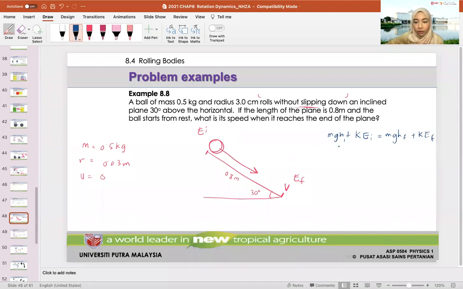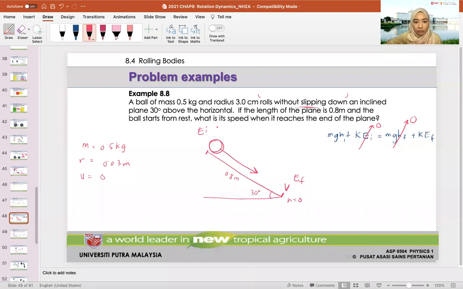So we start with mgh initial. I'm going to expand my KE. First I know that it started from rest, which means that there's no velocity. So our KE initial is going to be 0. And when I reach the bottom, my mgh final will be 0 because my h down here is equal to 0.